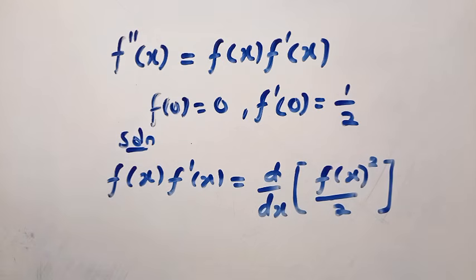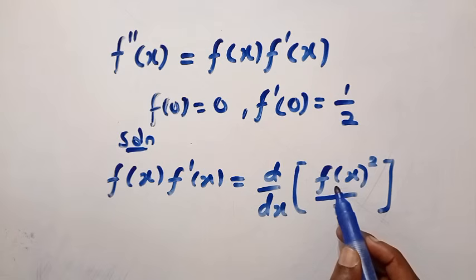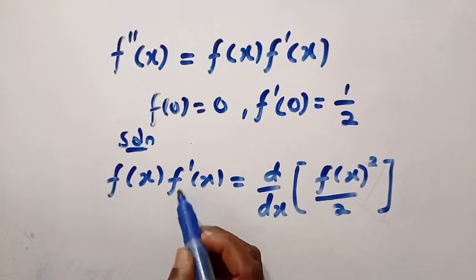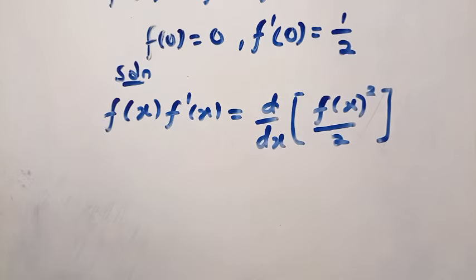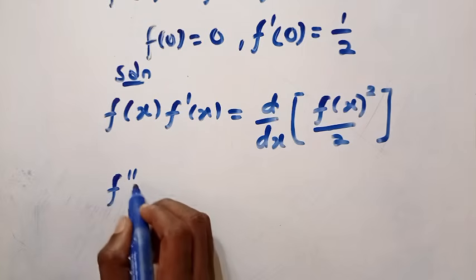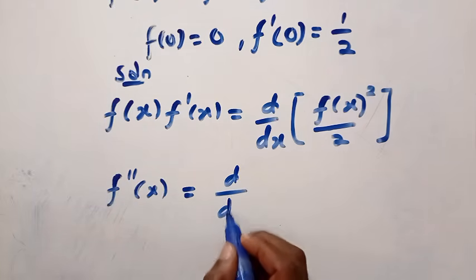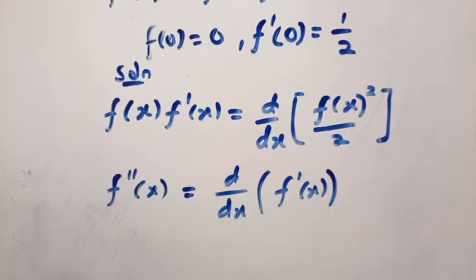So this is what we are going to have. If you take the derivative of this, we still have f of x, and since we are taking the derivative of a dependent variable, we multiply it with f prime of x. This is as simple as it is. And the right hand side, which is f prime prime of x, is d divided by dx of f prime of x.